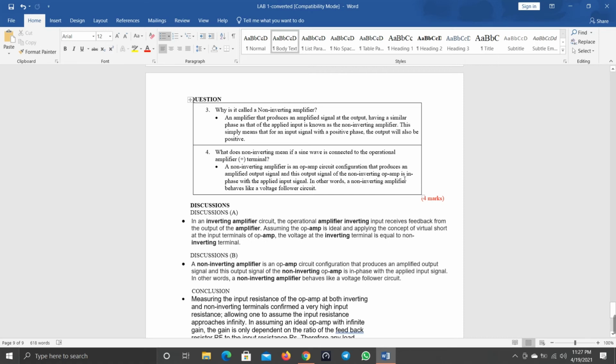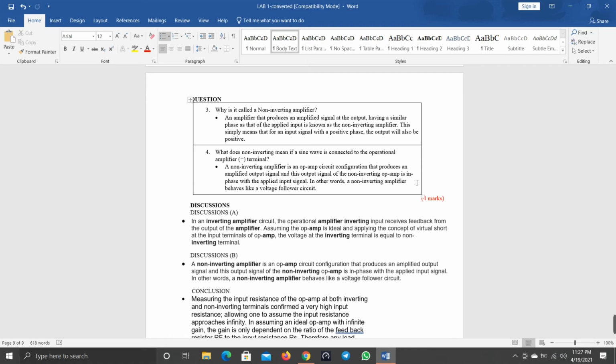In other words, a non-inverting amplifier behaves like a voltage follower circuit. So this is my discussion for A and B, and conclusion.